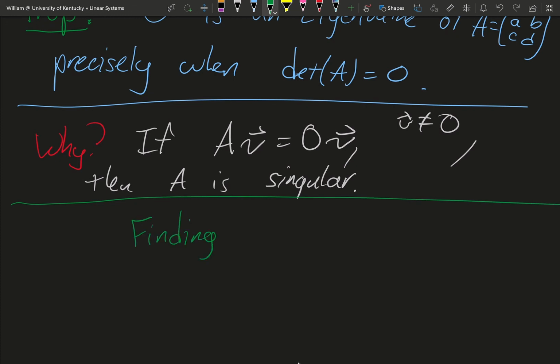So enough setup. Let's just go through how exactly we find eigenvalues.